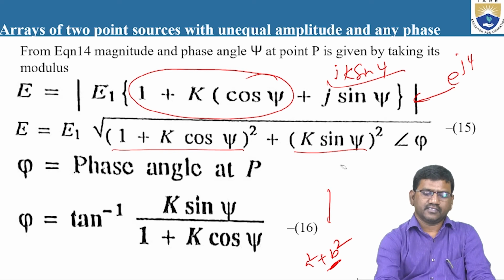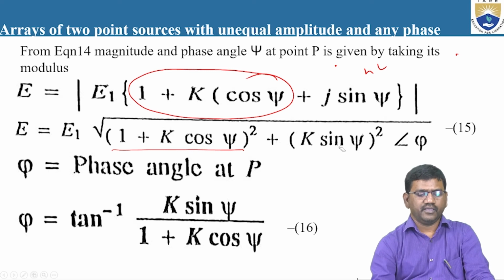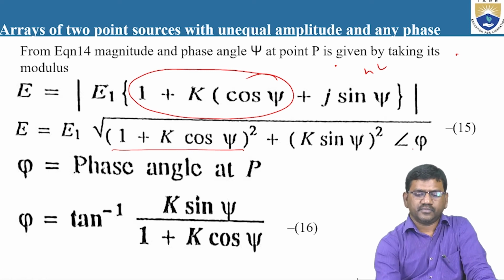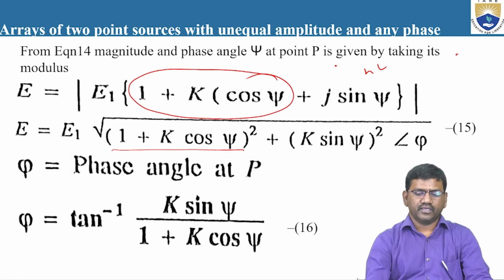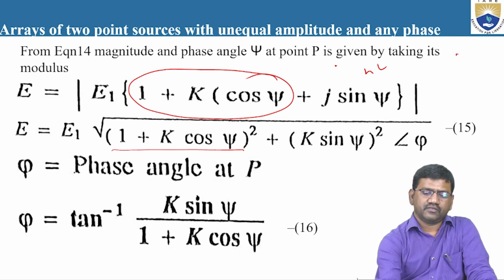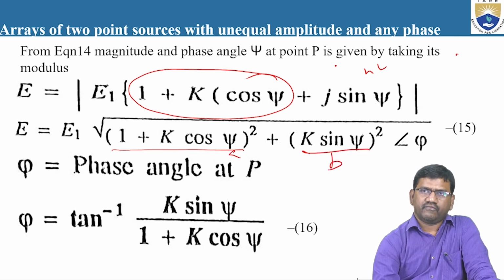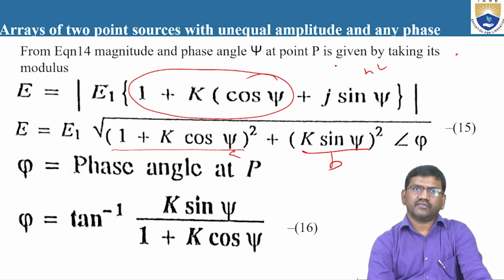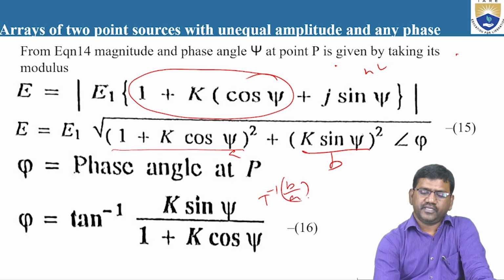Here psi represents the phase angle at point P. So you get root of a square plus b square at an angle psi. If we want to convert this into polar form, you get root of a square plus b square at an angle, the tan inverse of B by A. What is B here?